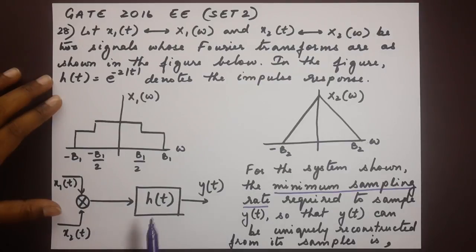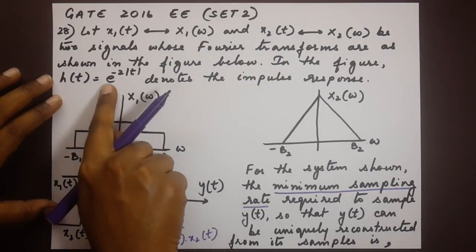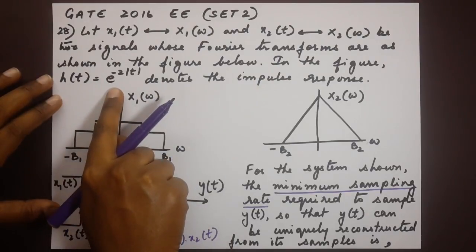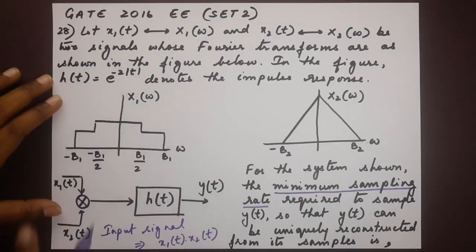Now this tells us that the input signal is x1 of t into x2 of t. It's a multiplication corresponding to the equation given to us, e power minus 2 mod t. We get that from the multiplication of both the signals x1 of t and x2 of t.